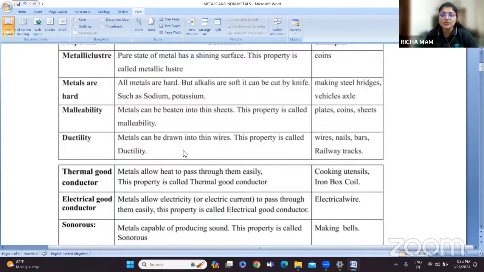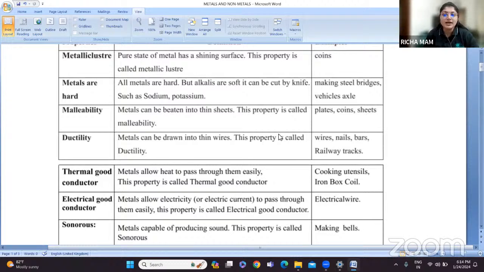Most of the metals are made into wires, for example the copper wires which we use for electricity. Copper is a metal, right? Then nails are also coined into a thin wire-like shape.